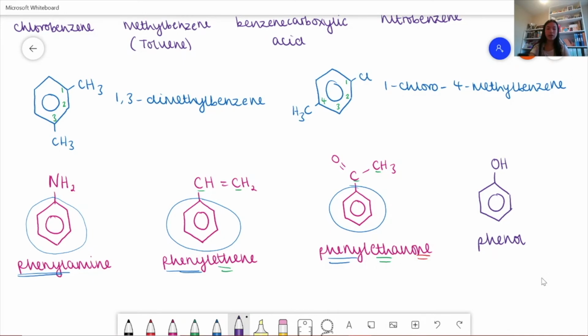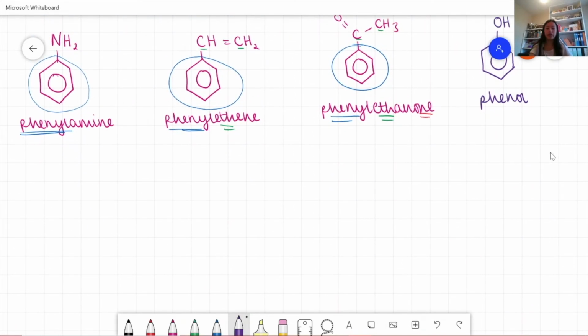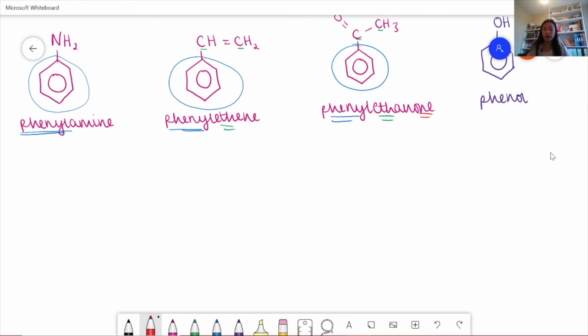As a harder example, we could have a molecule that looks like this. So we have the benzene, and this is attached to a carbon, which is attached to a methyl, and it's double bonded to a carbon, which is attached to a methyl and a hydrogen. So how we would name this would be, again, the alkene takes priority, and so that forms the root of the name. And so this benzene will be treated as a phenyl group.